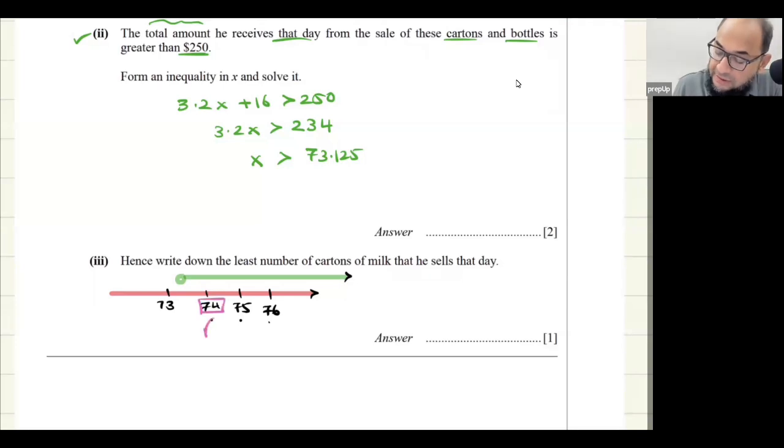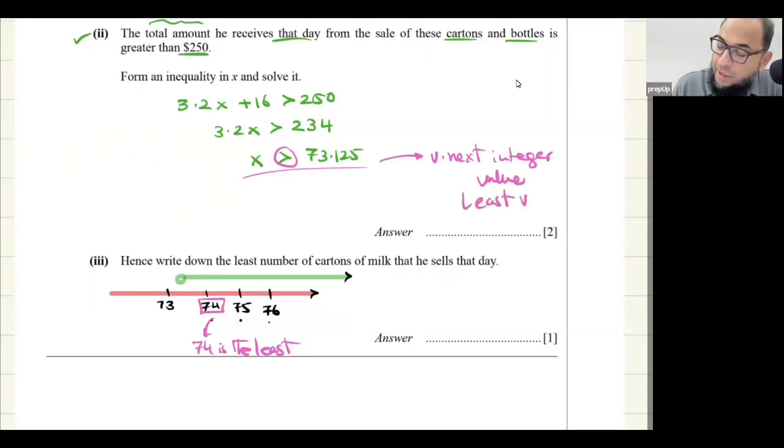So 74 is the least among the lot. Among all of these, 74 is the least. So whenever we have a greater sign and we have a decimal value, whether it's 73.125 or 73.995, the very next integer value is the least value, because we are looking for the least number of cartons.